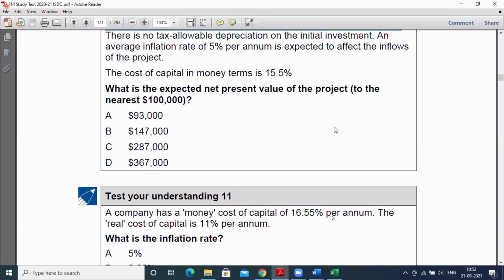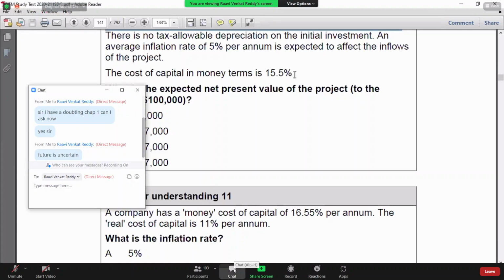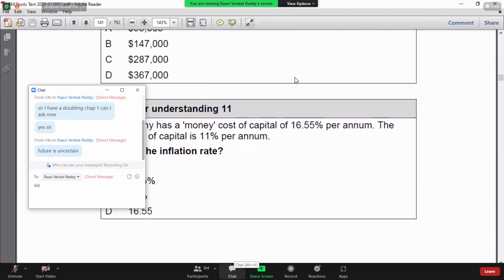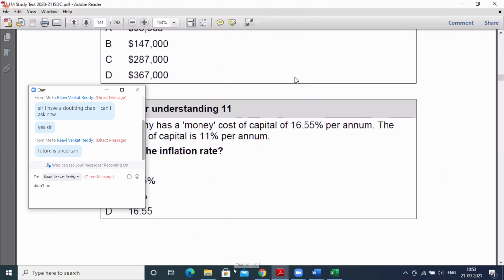Any other query? And one more thing I want to know from your college internal faculty: how many chapters are already done or not yet started? Any session from internal faculty on financial management?